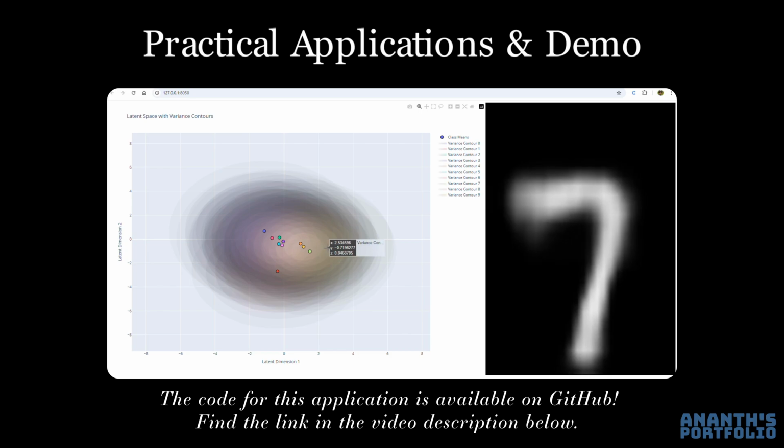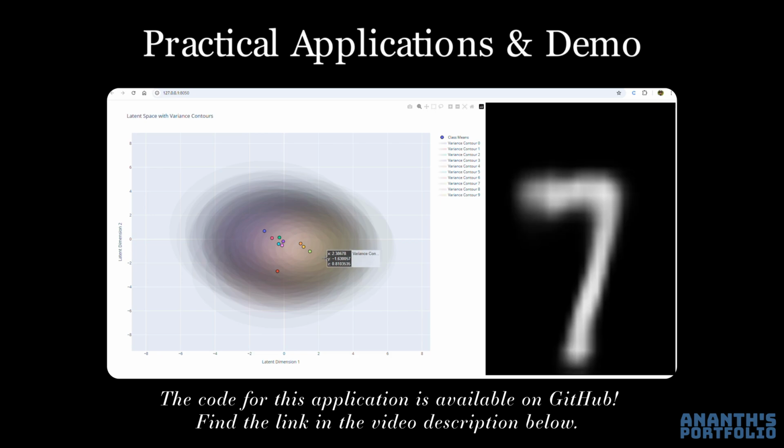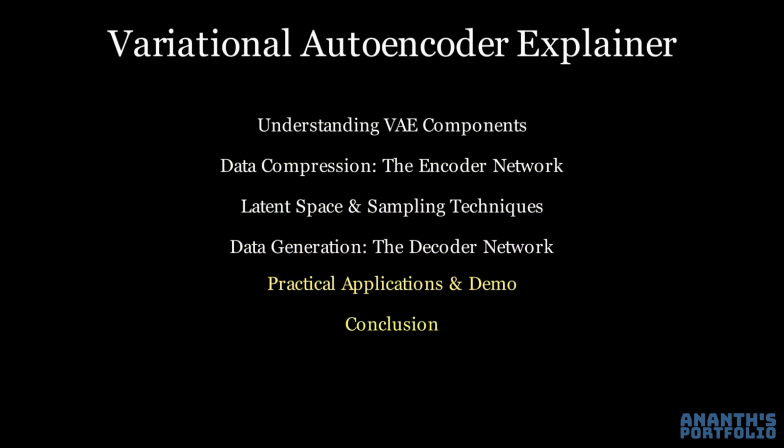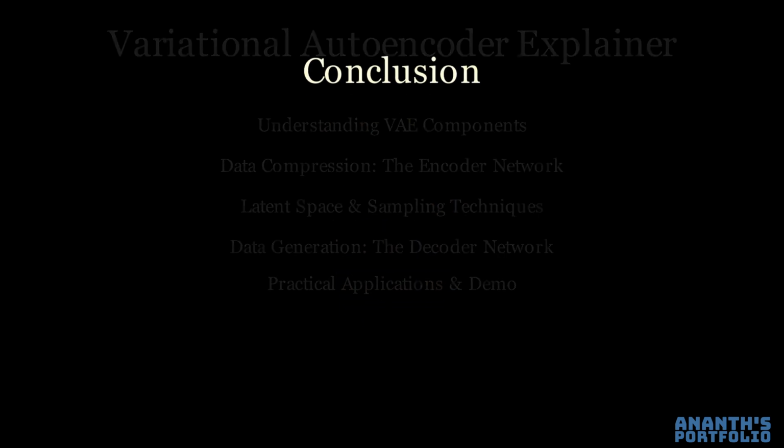As we wrap up our journey through the fascinating world of variational autoencoders, it's clear that these powerful neural networks are more than just data compression tools. They're gateways to understanding and generating complex data in ways that push the boundaries of machine learning. We've explored how VAEs compress data into a meaningful latent space, embracing uncertainty through probabilistic representations.